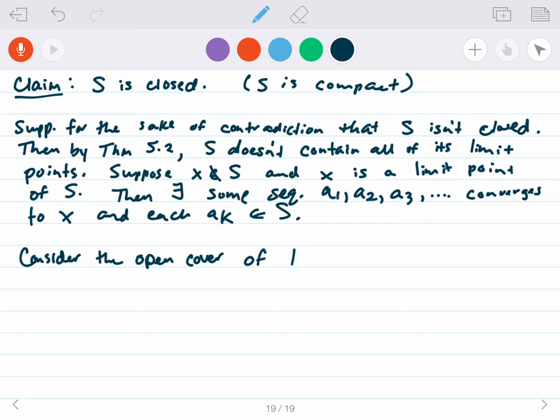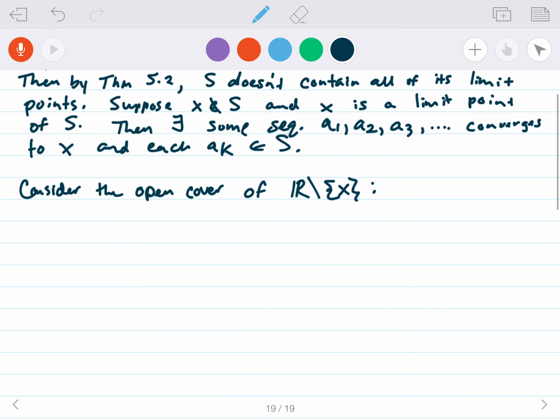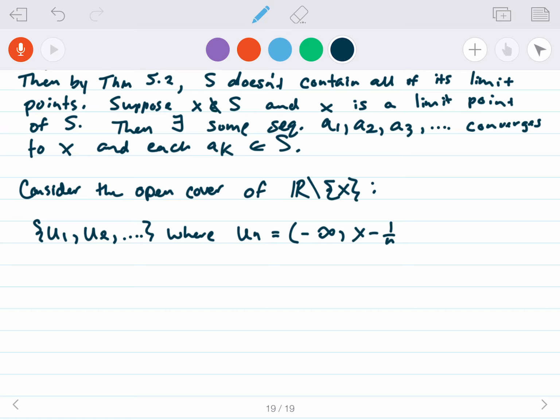We're going to say that this open cover is infinite, and each of these U_n is going to be of the form negative infinity to x minus 1 over n, union x plus 1 over n to infinity. This is going to cover the entire real line without x.